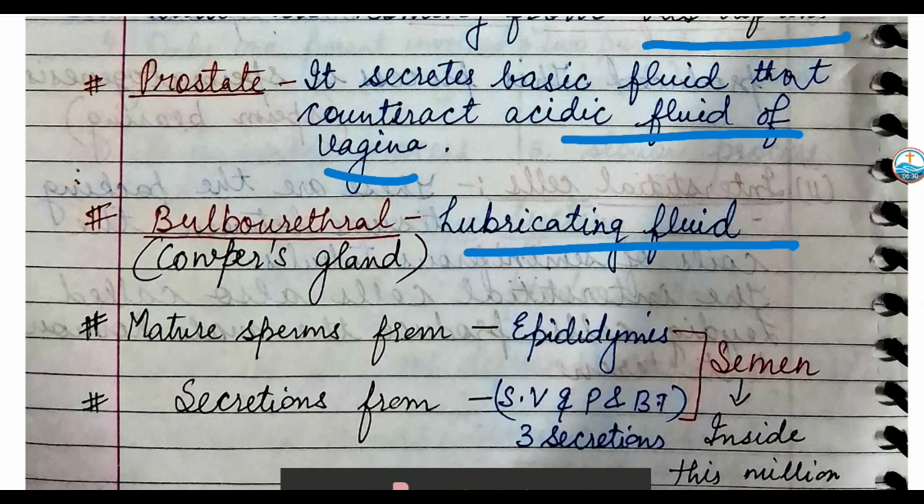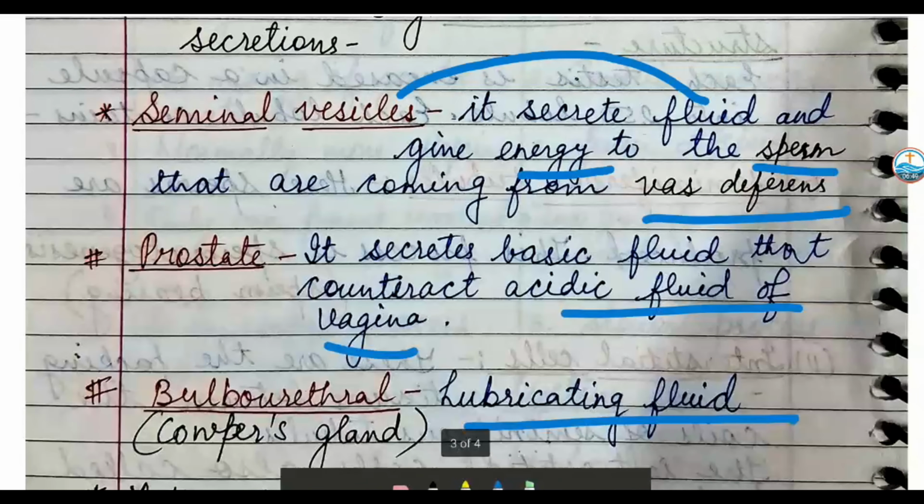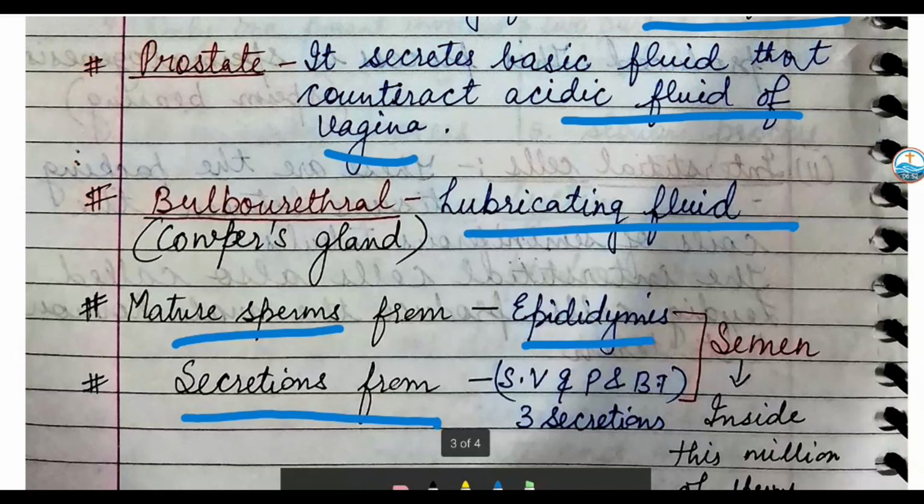All right, now the mature sperm. After the sperms get mature, then what happens? They mature in the epididymis, and then the secretions from all these three which we have studied just now, the seminal vesicles, prostate and bulbourethral gland, come in.